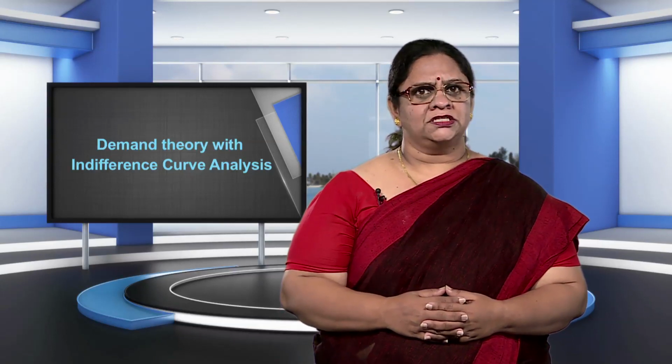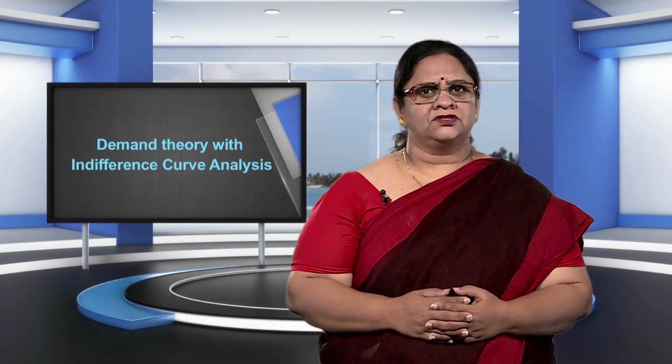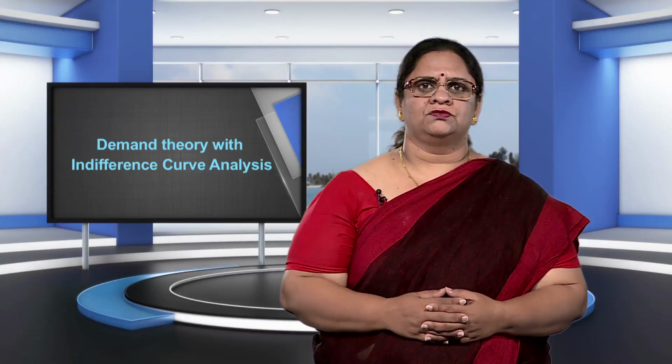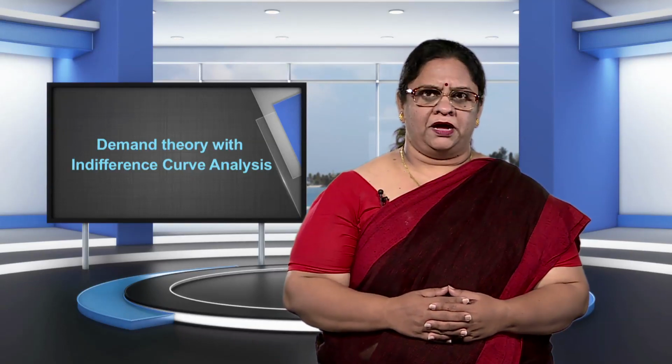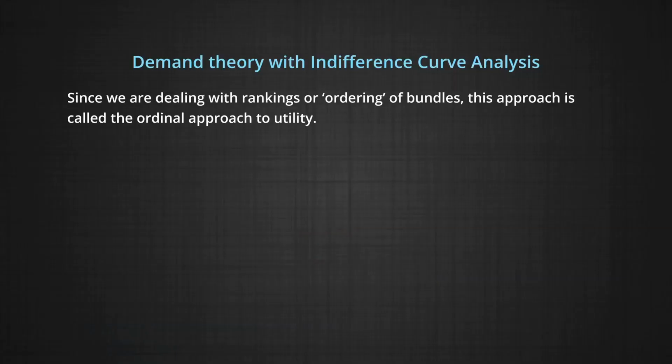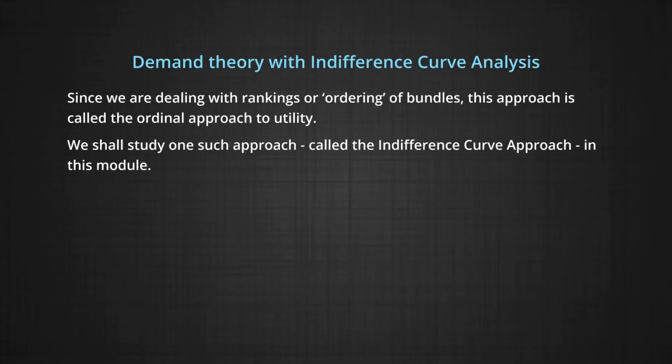We use this concept when we are trying to analyze how consumers decide what to buy. Since we are dealing with rankings or orderings of bundles, this approach is called the ordinal approach to utility. We shall study the indifference curve theory as an example of one such approach.